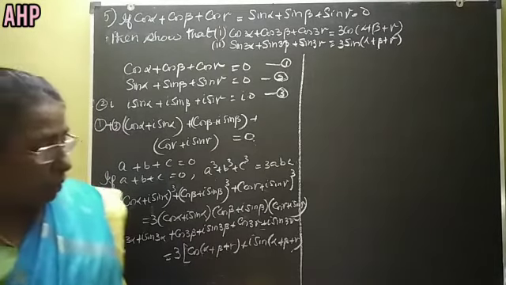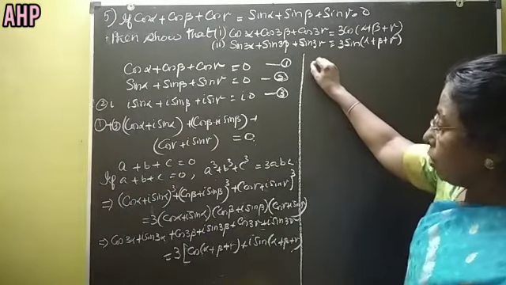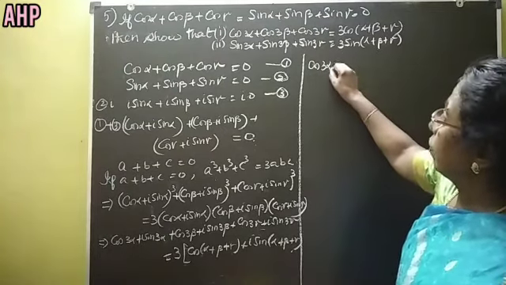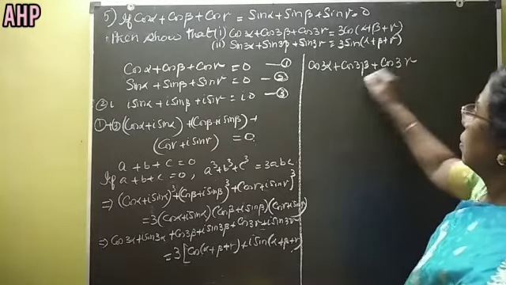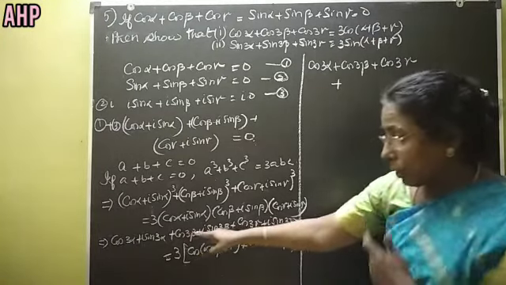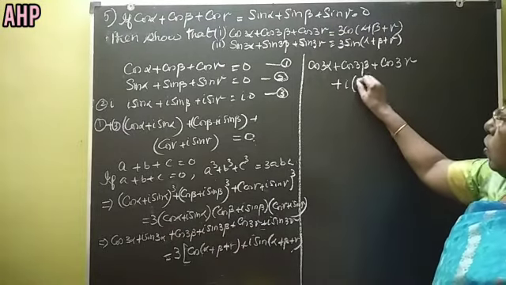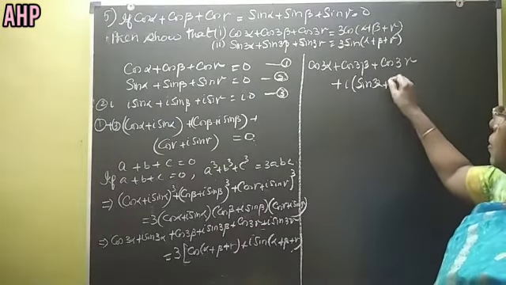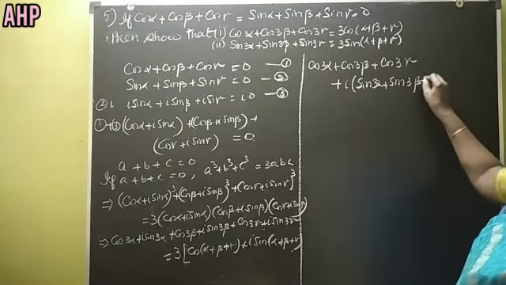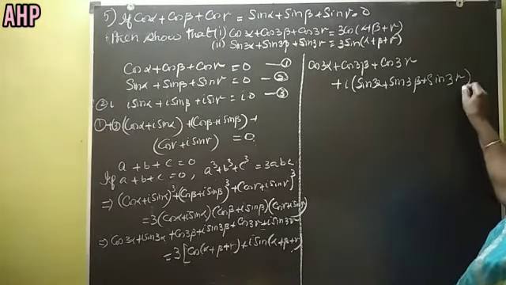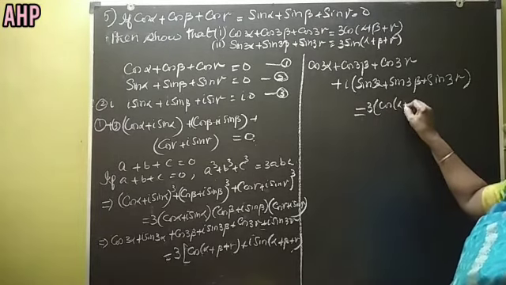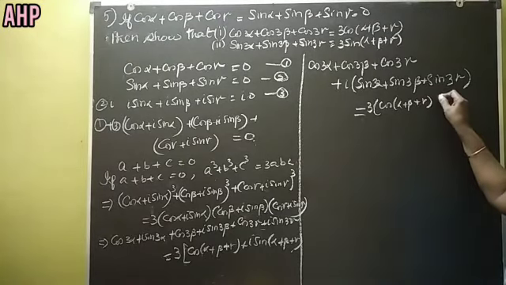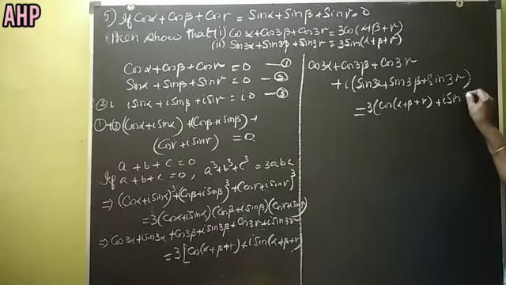Now this can be rewritten as cos 3 alpha plus cos 3 beta plus cos 3 gamma plus, you can take i common outside from the sine, so i into sin 3 alpha plus sin 3 beta plus sin 3 gamma is equal to 3 into cos alpha plus beta plus gamma plus i sin alpha plus beta plus gamma.